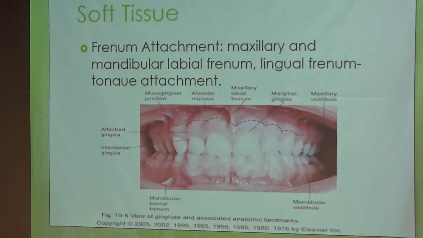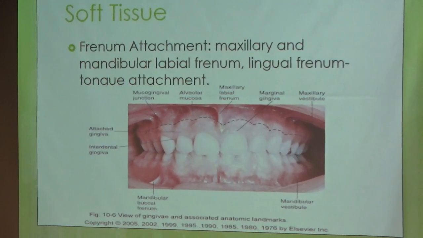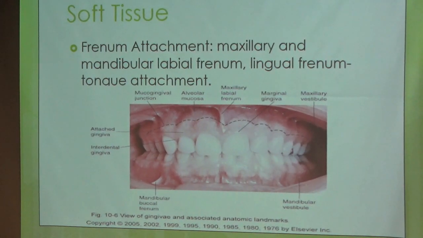Labial is telling me what? Right here in the facial area, right? And then the frenum attachment is that piece of tissue. The same thing when we say mandibular labial frenum attachment, we're concentrating on the one here in the center, and usually it's very small in size, unlike the one that's typically on the maxillary.